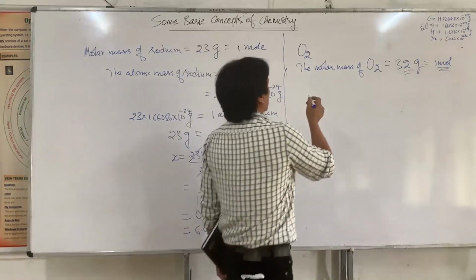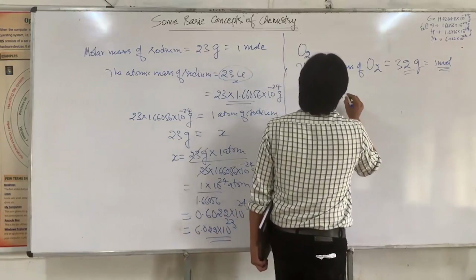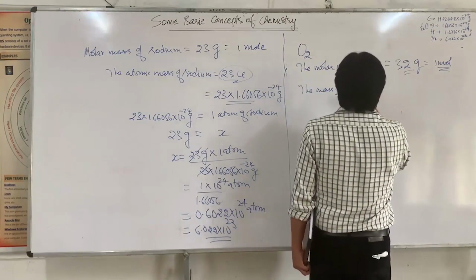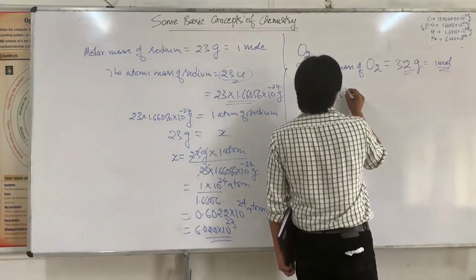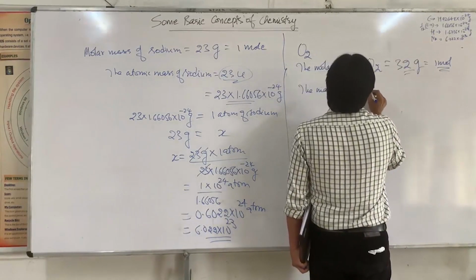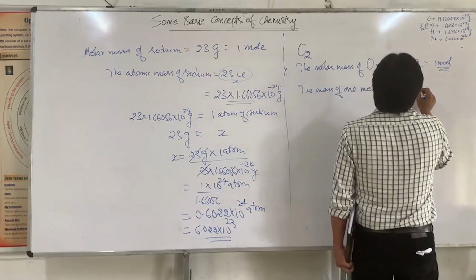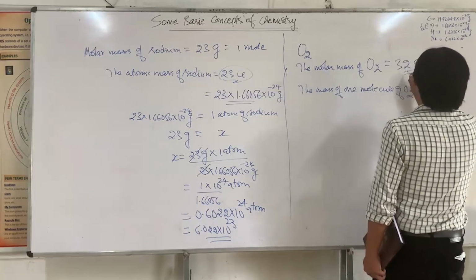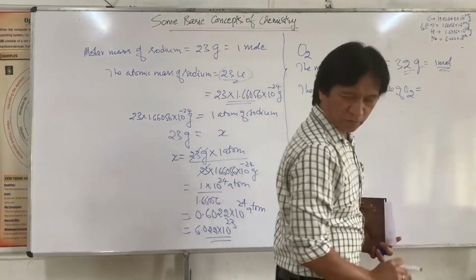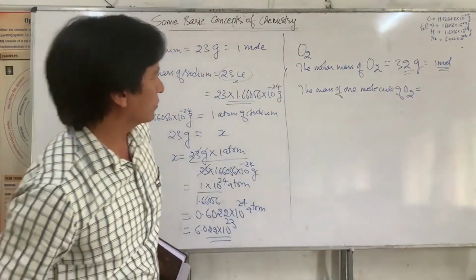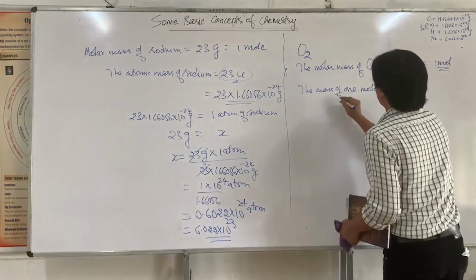Now we need to know the mass of 1 molecule of oxygen, right? It is based on the molecular mass. Let's take it this way.